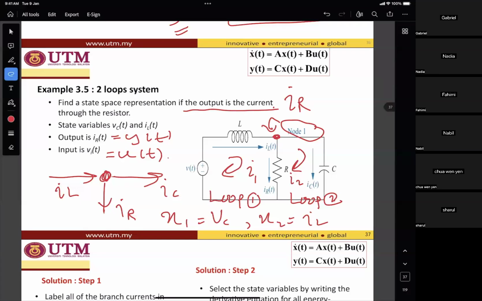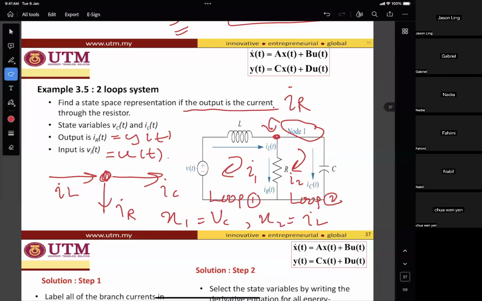Homer Sultan. Yes, doctor. Louder. If the state variable is x1 equal to VC, x2 equal to IL, what is the derivative state vector for this case? Homer, can you answer the question?